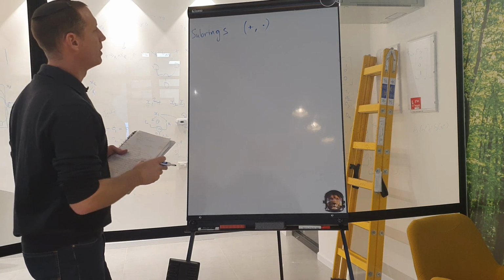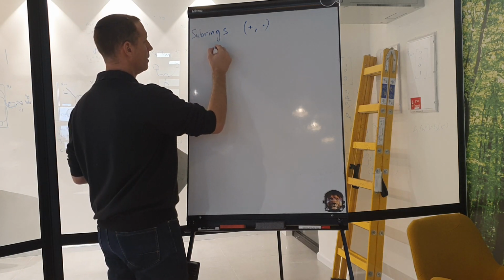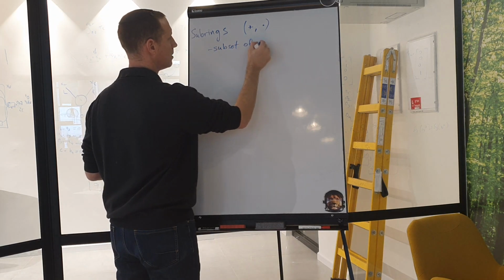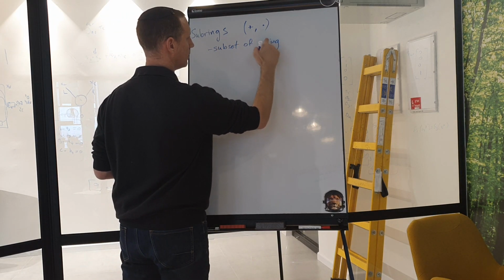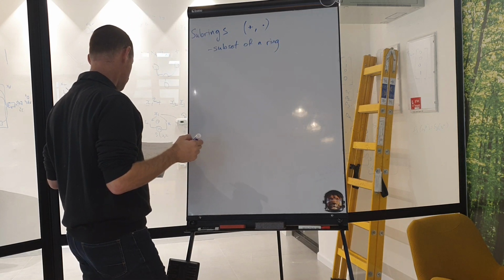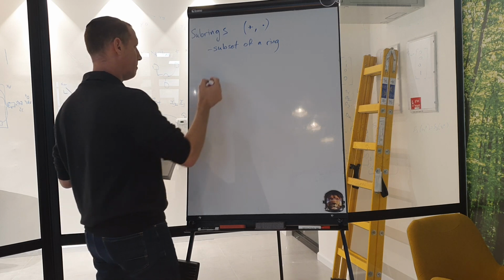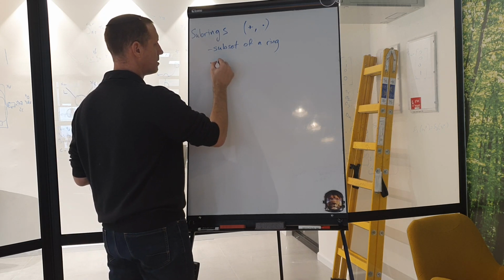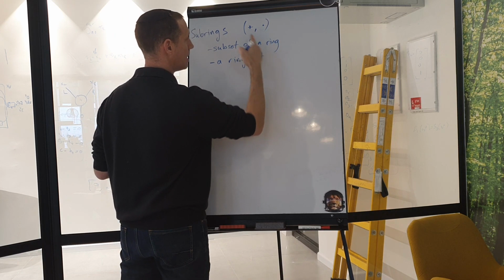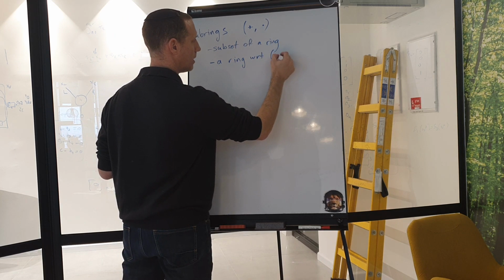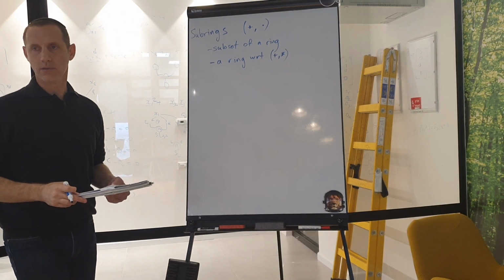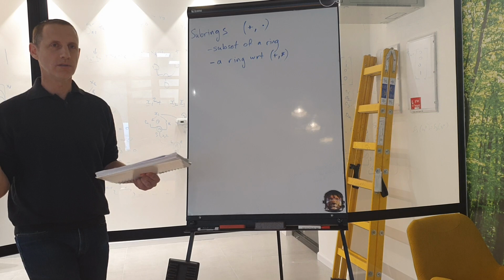So subrings, they're a subset of a ring. All right, a subset of the elements of the ring. What else does it need to do? It needs to be in itself a ring with regards to the same operations as what we had in the ring. Okay, so we can't have different operations, right?